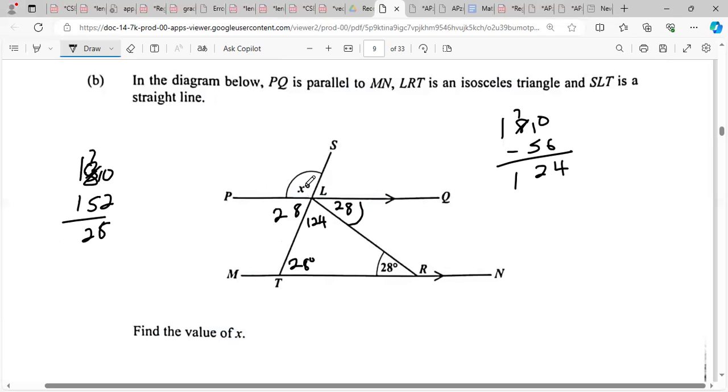This one now is a straight line, right? So it will be 180 minus 28, so that means this is 152. They say this is a straight line, so 180 take away the 28 should give me the answer, which is 152. So x is 152.